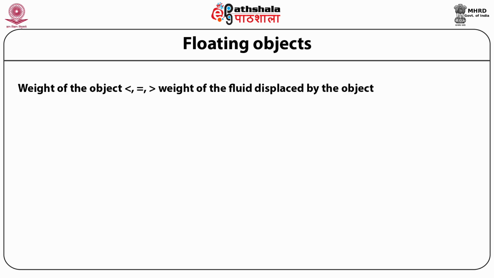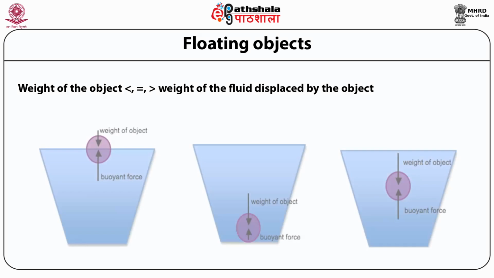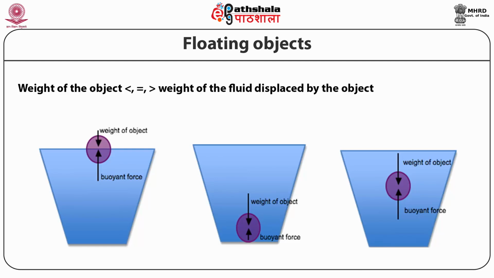Depending on whether the weight of the object is smaller, equal or larger than the weight of the fluid displaced, the object can float on the surface, go to the bottom, or float inside the fluid. It all depends on the difference between the two weights or forces, which eventually comes out to be the difference between the density of the object and the density of the water.